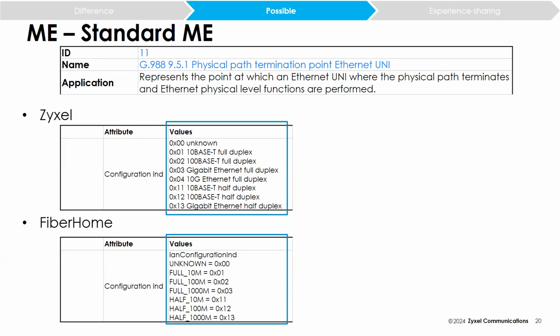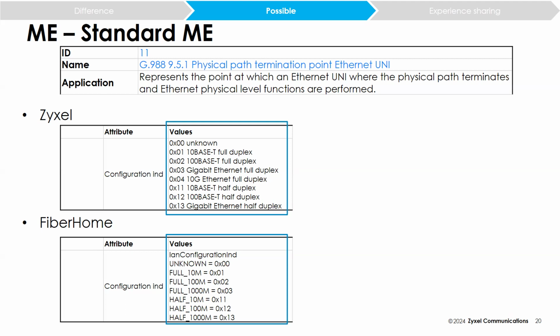Okay, so here's an example of the standard NE. The standard NE must be supported by every GPON device, to make communication between different vendors' OLT and ONT devices possible. And as you can see, the NE we raised on this slide has the entity ID 11.